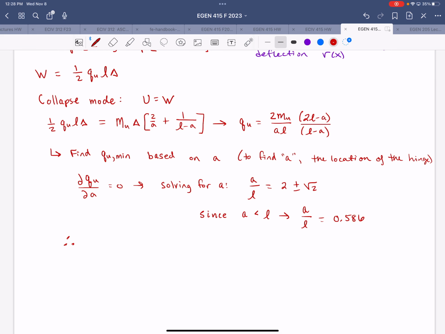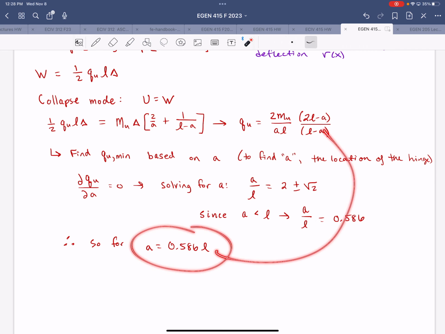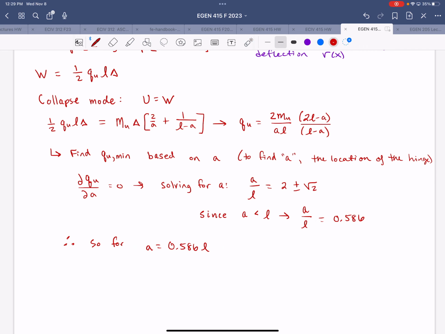So with that information, setting A equal to 0.586 L and plugging that into our equation for QU, we get QU is equal to 11.69 mu over L squared.